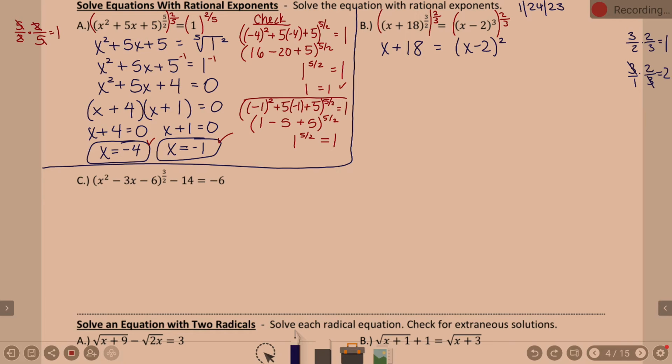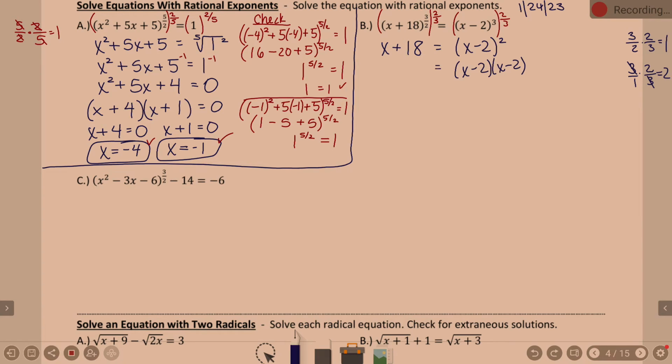And now it's a matter of how do I solve? x plus 18 equals x minus 2 quantity squared. Thoughts? Square the right side, by 2 squared. So right side, various people are saying different things, all leading me to this same piece. x minus 2 squared means I have to multiply x minus 2 times x minus 2.